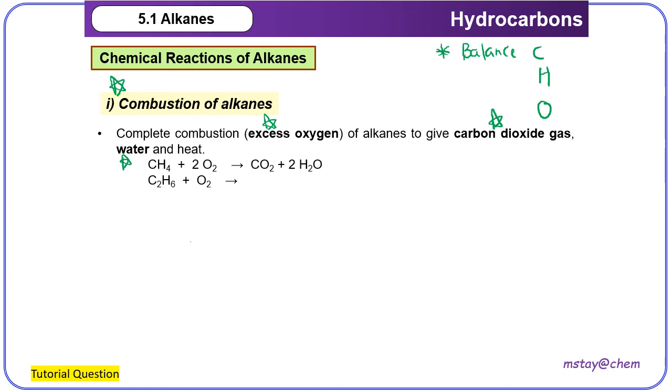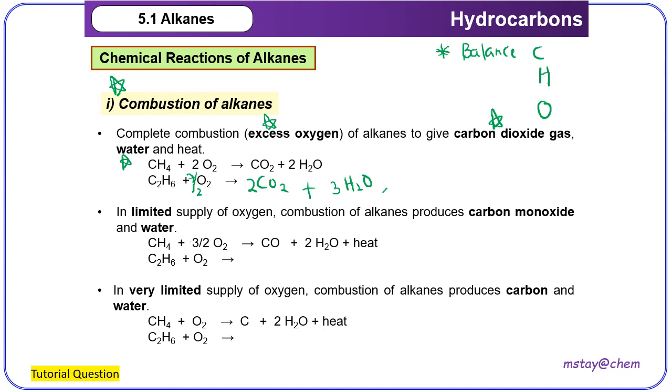Let's take one example here. C2H6 gives carbon dioxide and water. We have 2 carbon, so we put 2 over here. 6 hydrogen, so we put 3 H2O. Then we have 3 oxygen and 4 oxygen, so total is 7. So here will be 7 over 2.